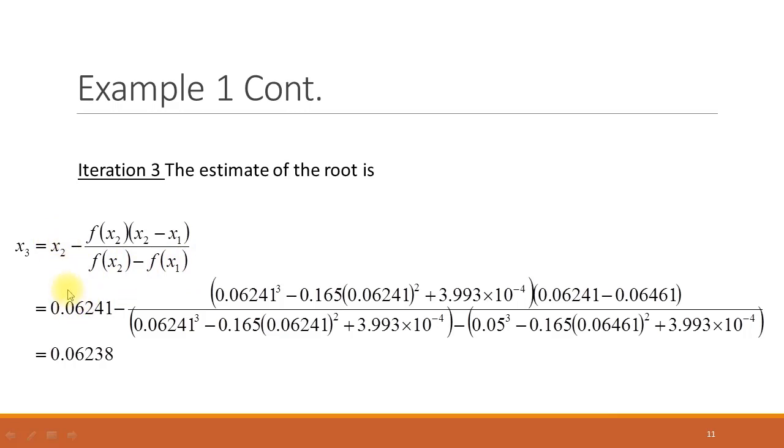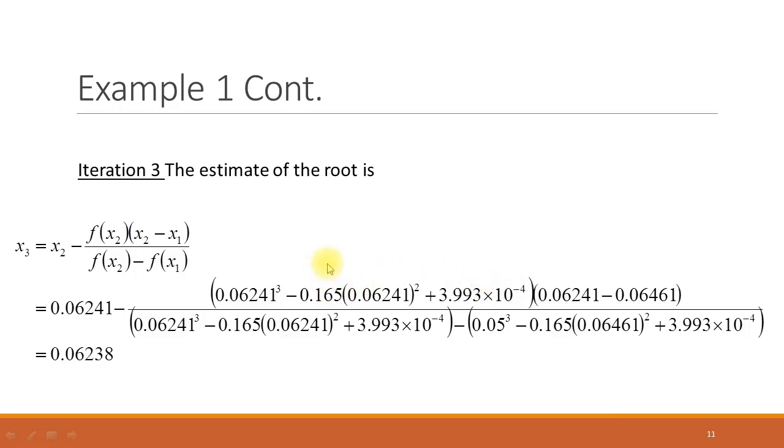So putting the value of x2, this is the value of x2 minus, and now estimate the function at the value of x2, which is 0.06241 whole cube minus 0.165 into 0.06241 whole square plus 3.993 multiplied by 10 raised to the power minus 4.